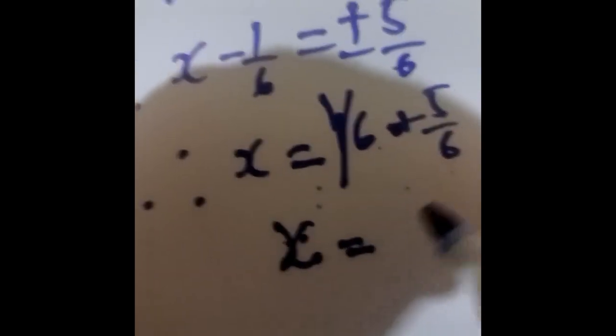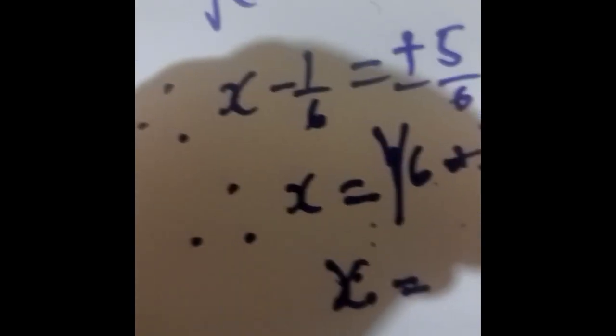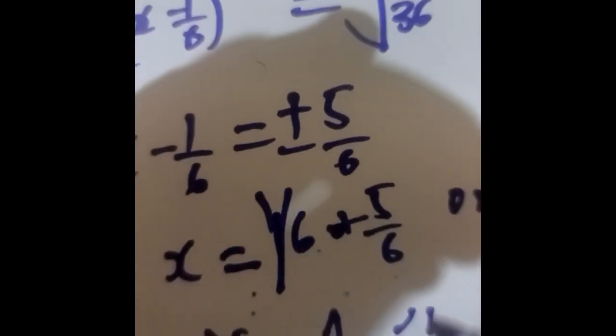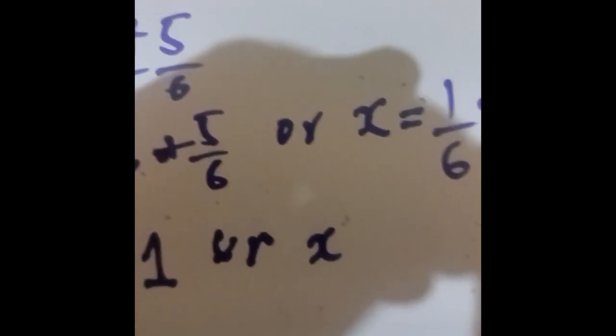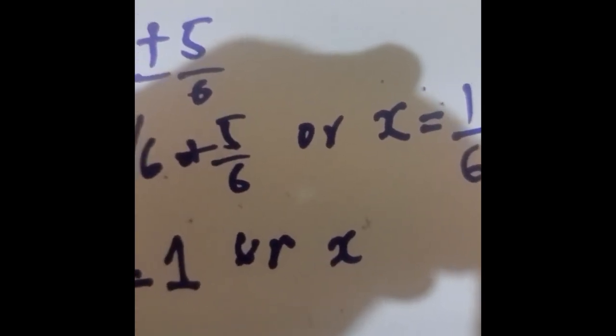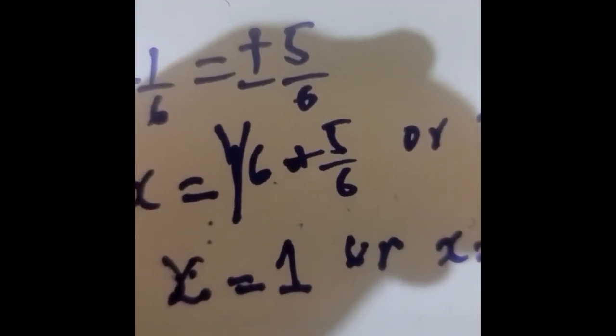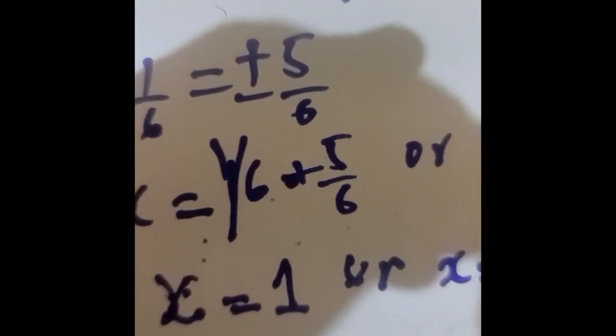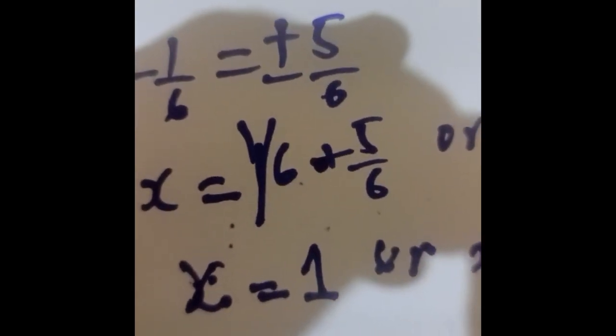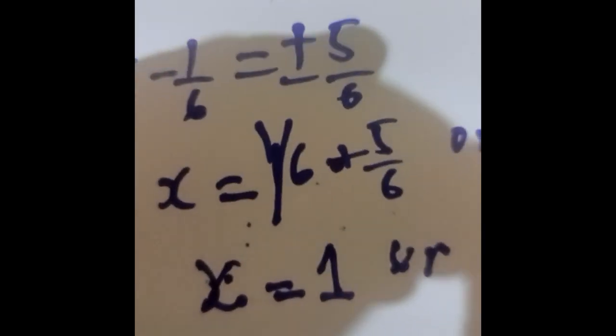5/6, which therefore means, when you simplify this, that x is equal to 1/6 plus 5/6, which is 1, or x is equal to, now when you have 1/6 minus 5/6, that leaves you with negative 4/6, which when simplified gives you negative 2/3. Negative 2/3.